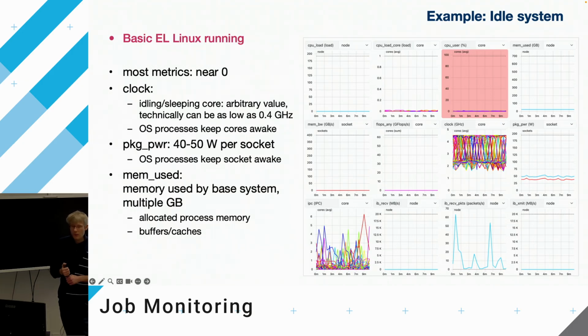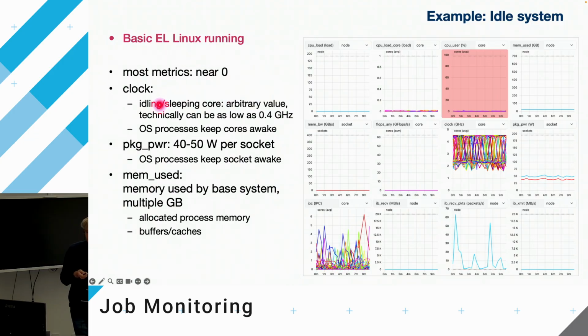Now let's take a look at a basic example. It's a good idea to first look at an idle system. So how would an idle system look like? We are running a basic enterprise Linux system on our cluster, and most metrics are basically near zero.